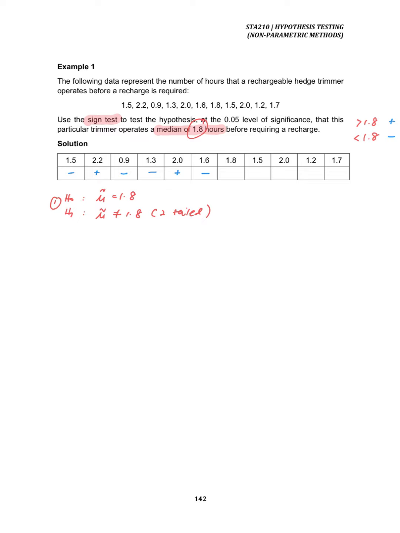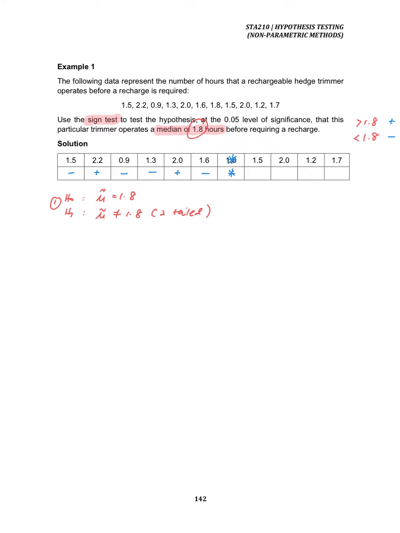minus. Okay, so if your data values are equivalent to the test value, which is 1.8, then we will exclude this observation from our calculation. Okay, so meaning that our n will be reduced kalau ada data yang sama dengan the test value.